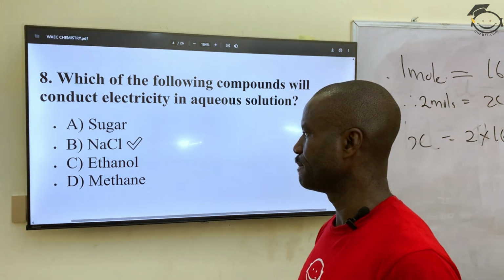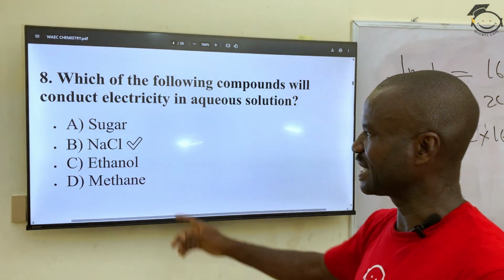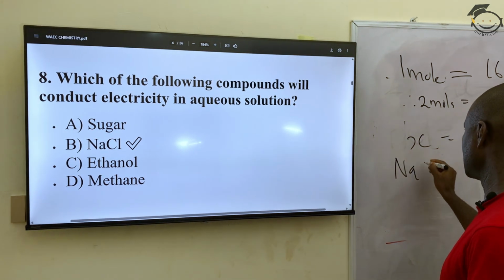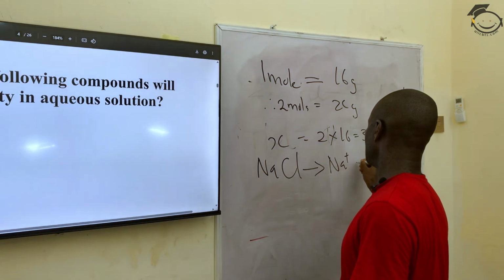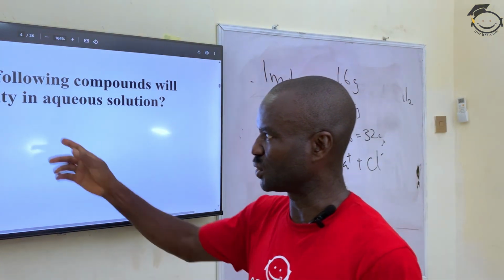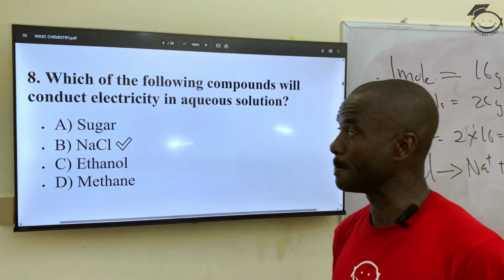D, methane. The correct answer is NaCl because it's an ionic substance. It easily dissociates into sodium ion plus chloride ion, so it can conduct electricity. Ions will flow. So the correct answer is B.